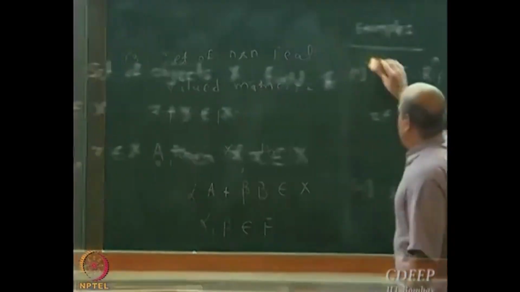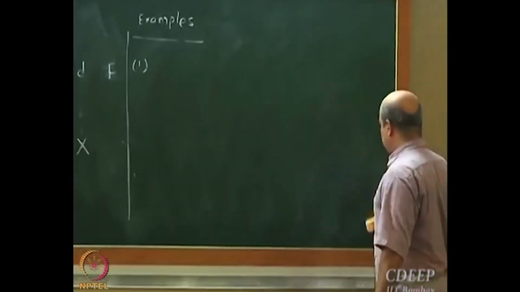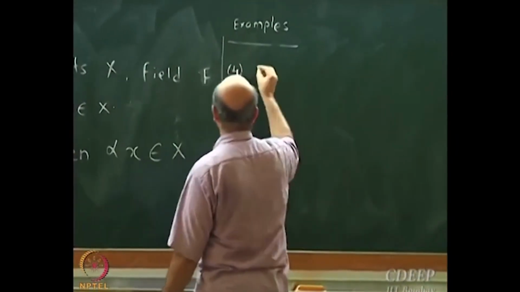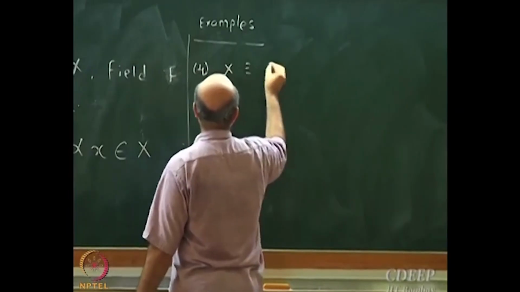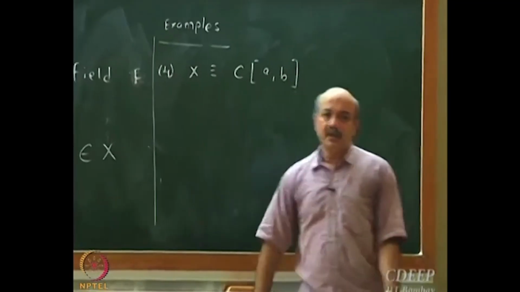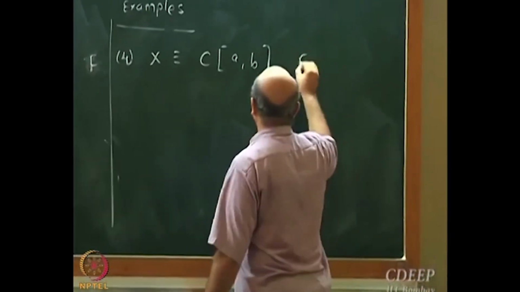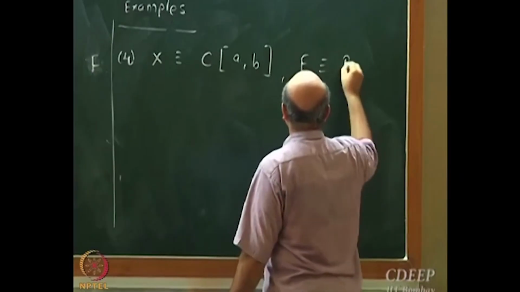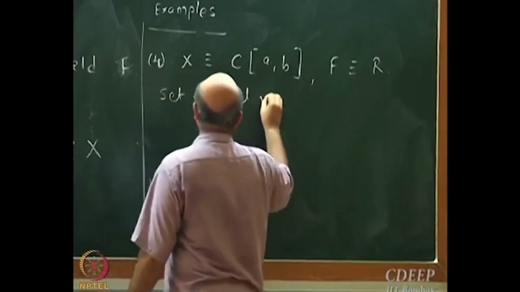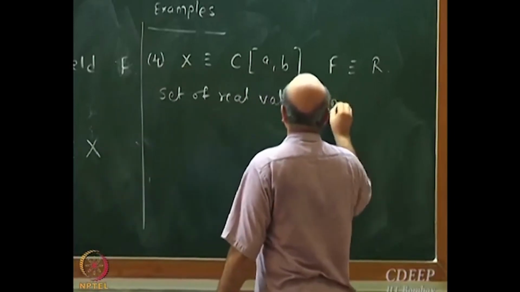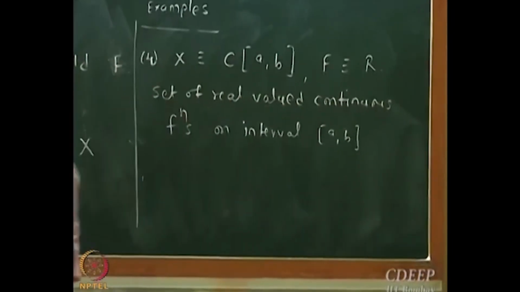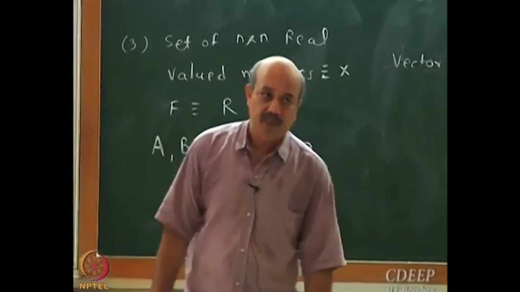Okay, and my fourth example is something that we are going to use quite often in this course. So my example number 4 is denoted as C[a,b]. So C[a,b] is the set of all real valued continuous functions on the interval [a,b].